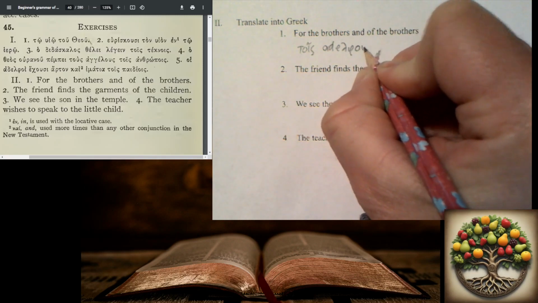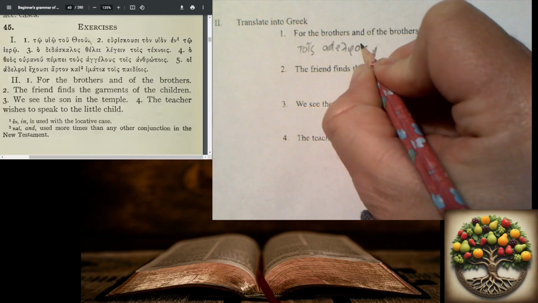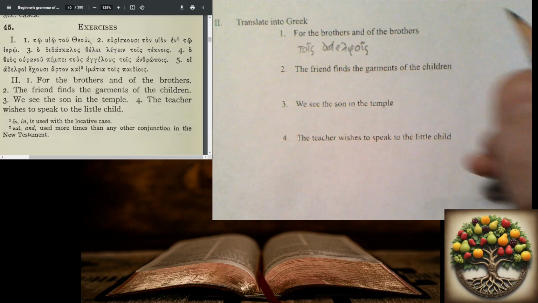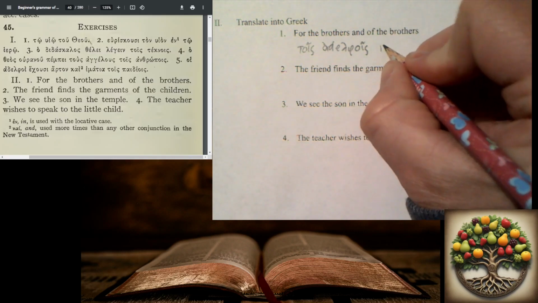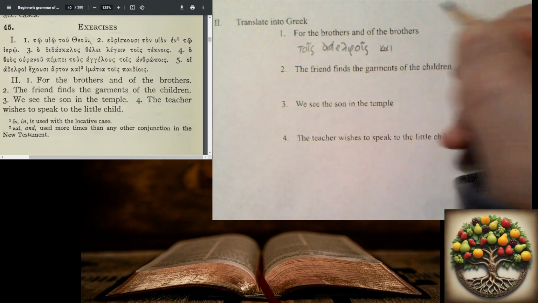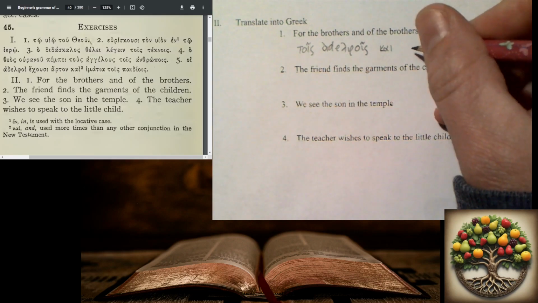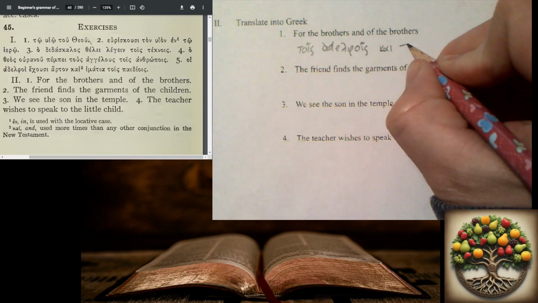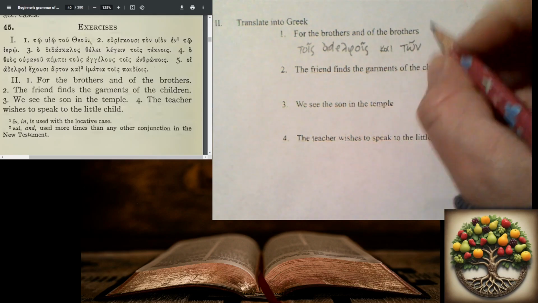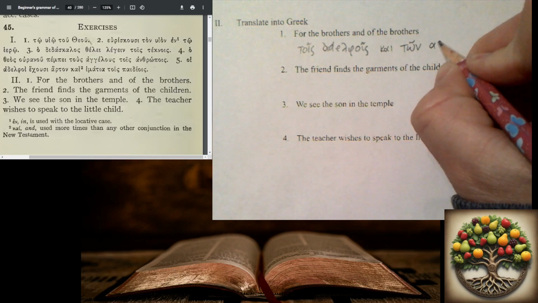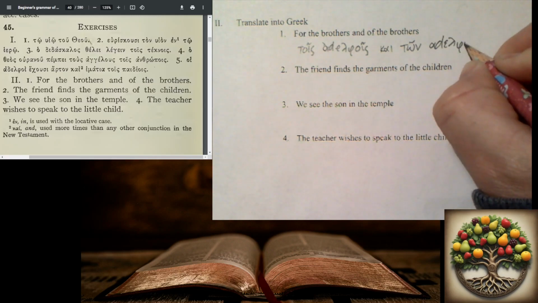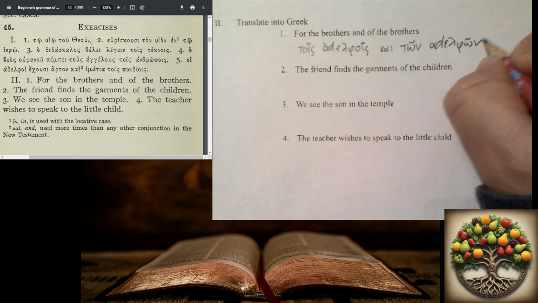And this is plural. We have the word and. Now we have to put the brothers into the genitive case. Plural.